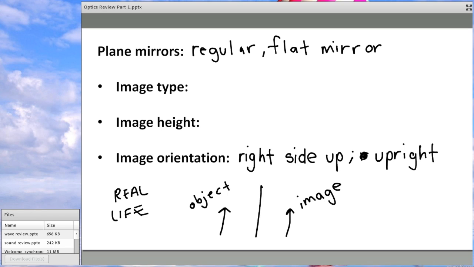And this is virtual land. So if your image was in virtual land, it's a virtual image. If your image shows up over here, it's a real image. Which is kind of a weird way to think about it, but anyway, this is a virtual image.